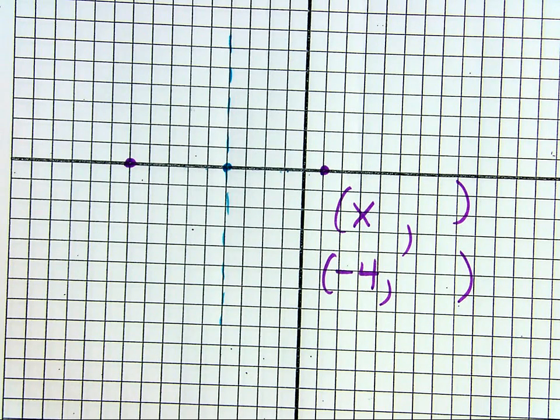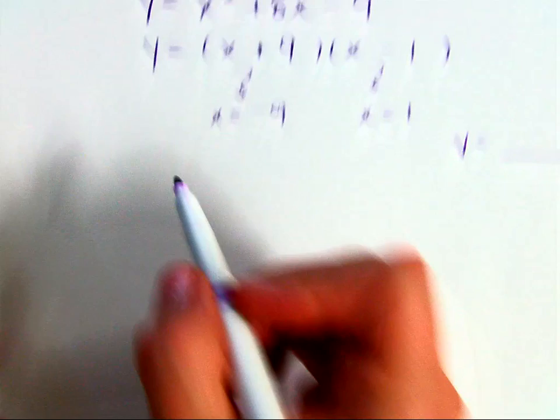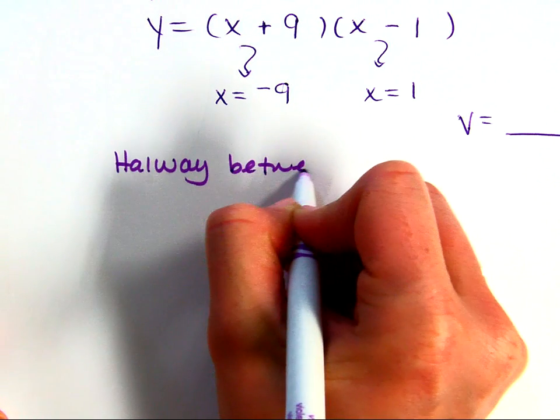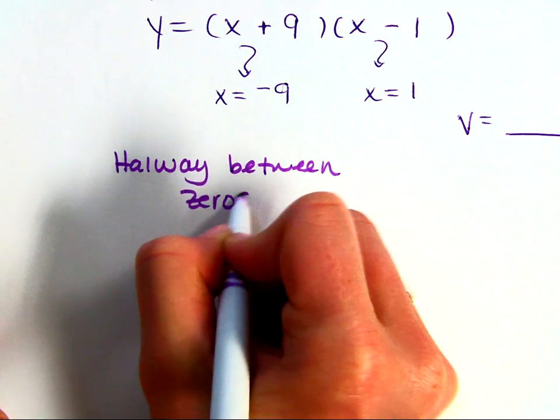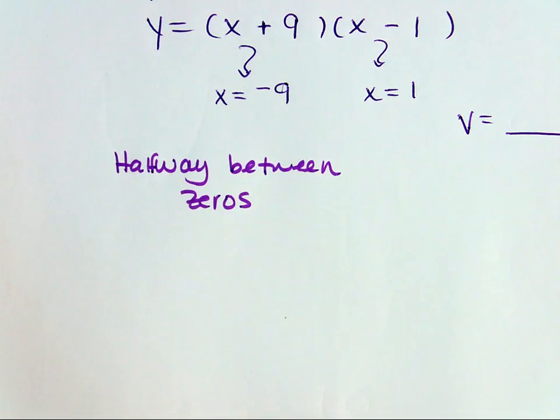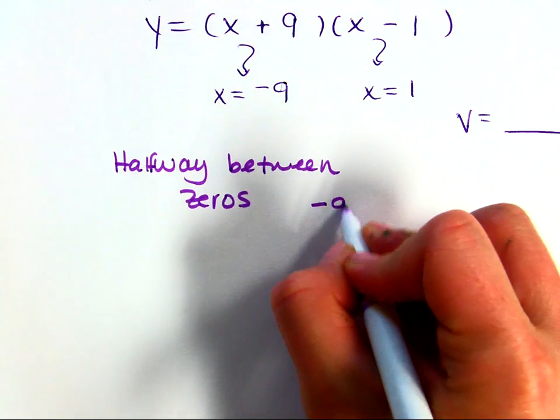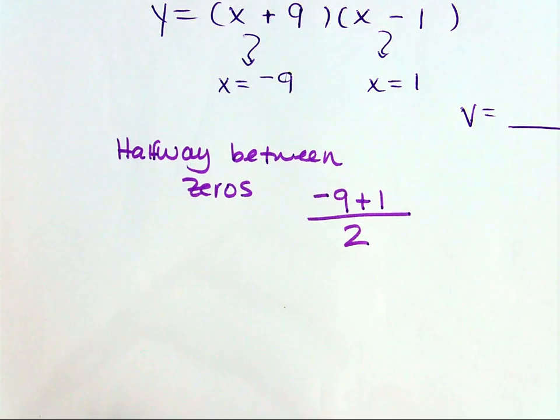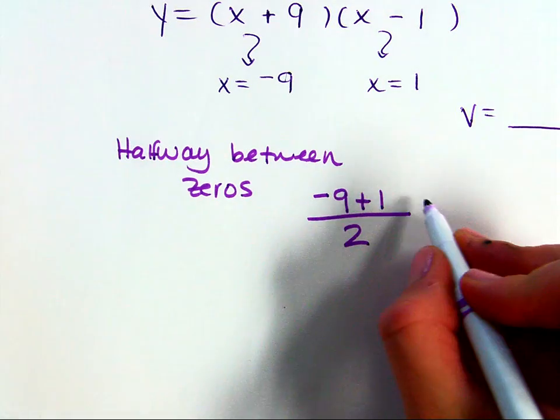Watch. I know what you're thinking. Well, what if you don't have a piece of graph paper and you can't look? Here's a really, really easy way to find halfway between the zeros. Halfway, I want you to write this on your paper, between the zeros. Between the zeros means take your zeros and add them together and find half of that.